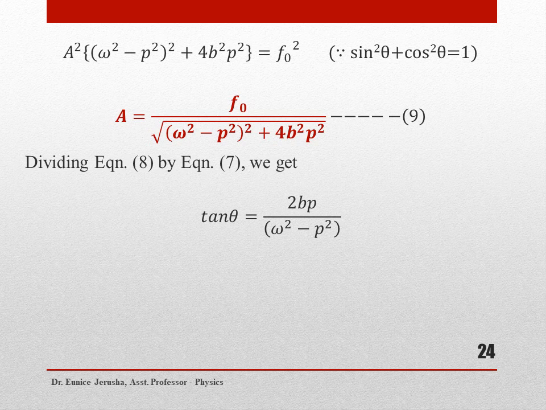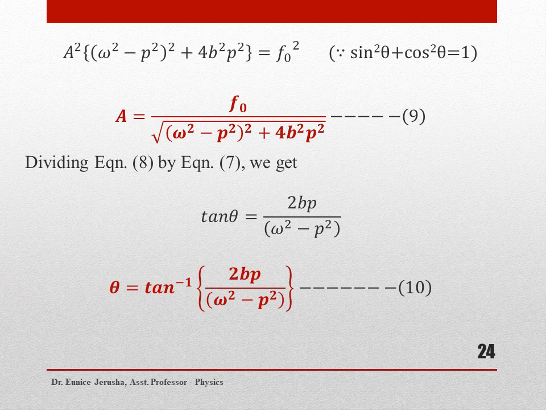We can also obtain the phase angle theta by dividing equation 8 by equation 7. We therefore have tan theta equal to 2bp divided by (omega square minus p square), from which we can obtain theta, the phase angle, as tan inverse of 2bp divided by (omega square minus p square), which we call equation 10.